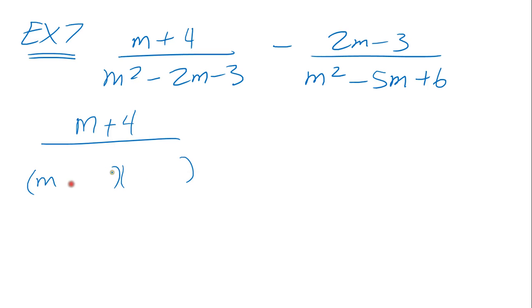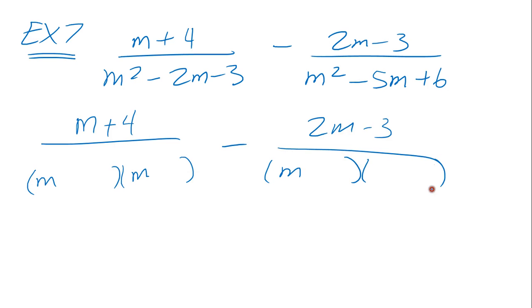So we got m minus 3 plus 2, and that's going to be m minus 6 plus 1. Order doesn't matter there, just multiplication.